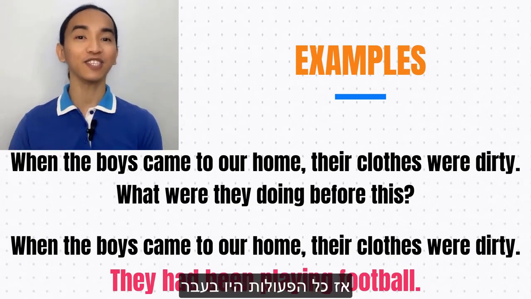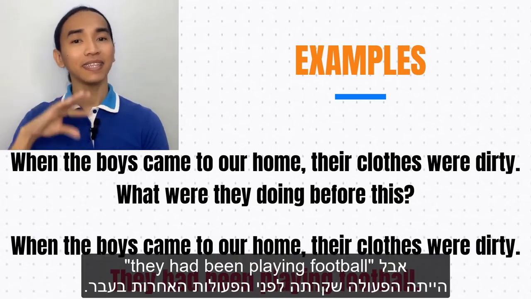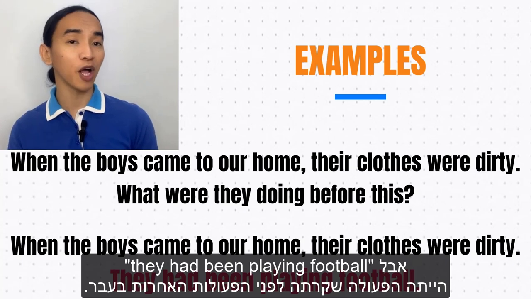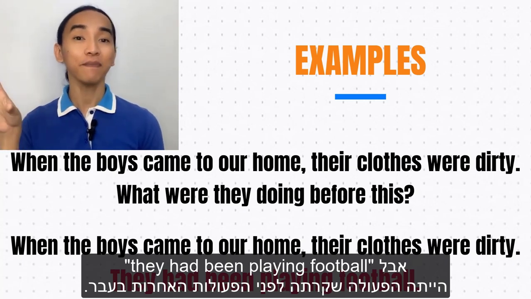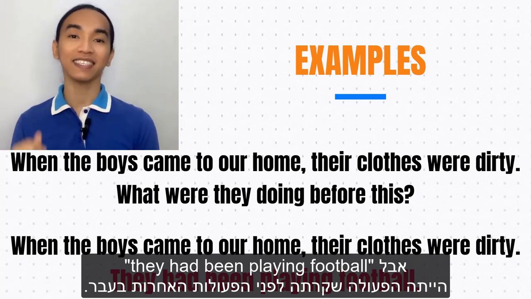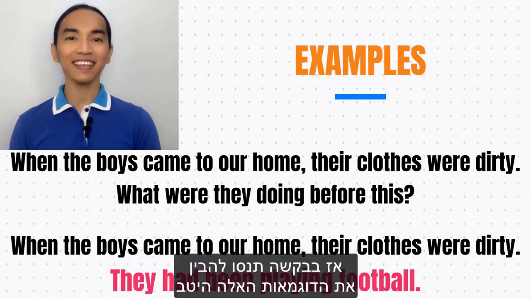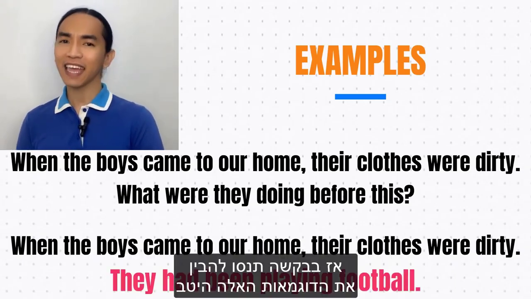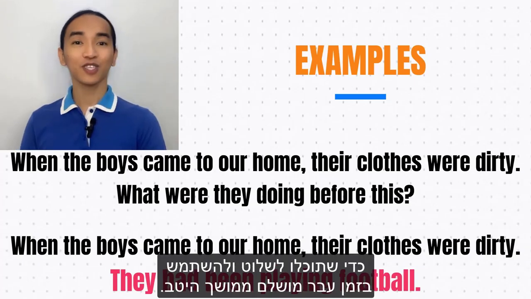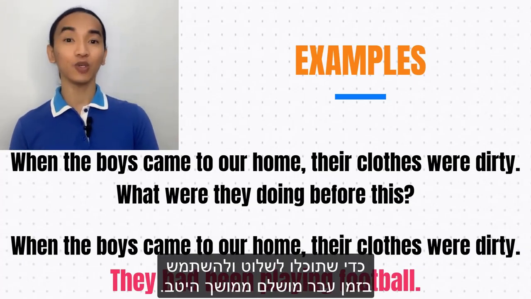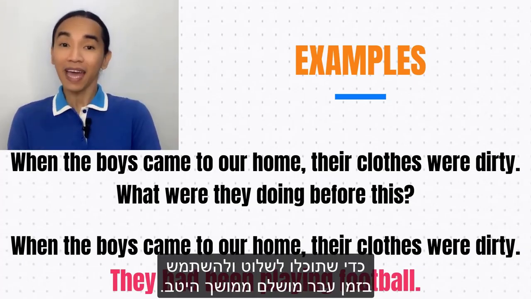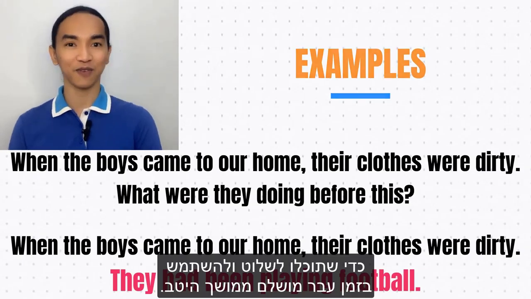So all of the actions were in the past, but they had been playing football was the action happening before those past actions. Okay? So please try to understand these examples very well so you can master and use the past perfect continuous very well.